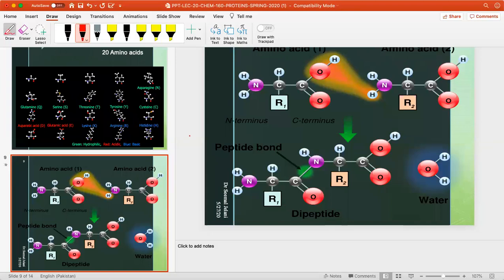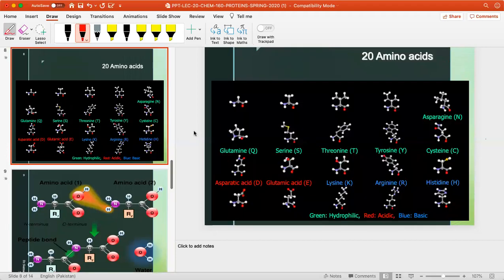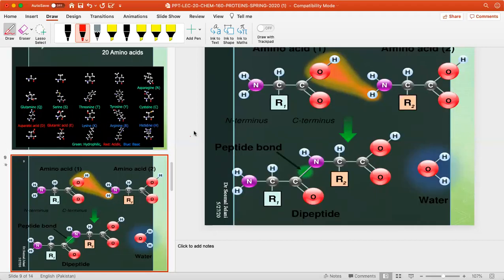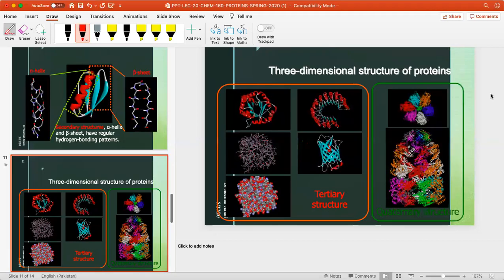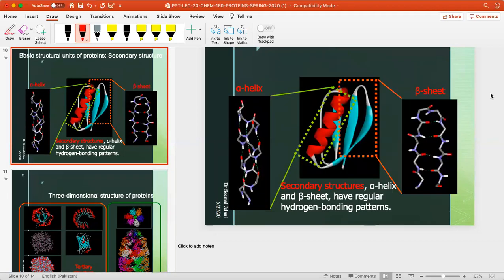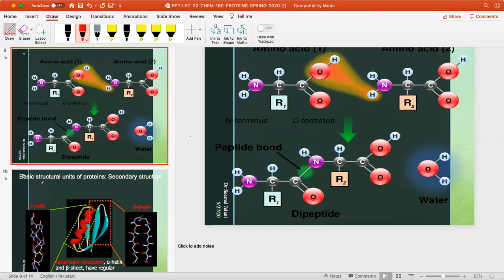Okay. Next we come to the formation of the peptide bond. Now what you need to see. So this is the one amino acid. ठीक है, this is the N terminus and this is the C terminus.